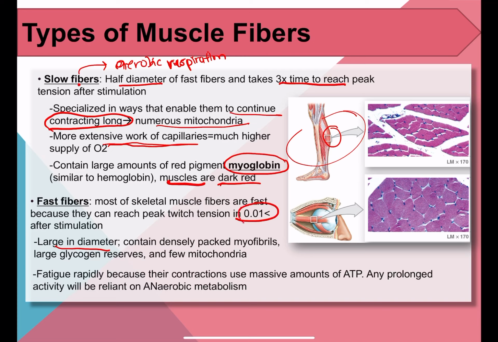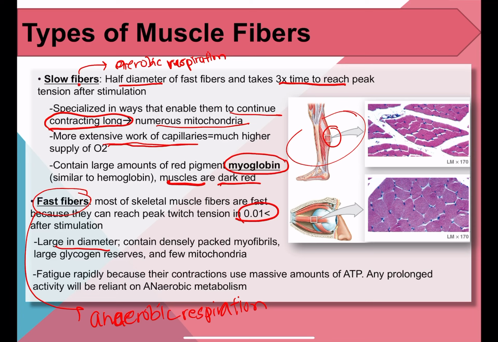So if the activity somehow becomes longer for these fast fibers, they will be more reliant on anaerobic respiration. They're not built for aerobic respiration. So fast fibers are for anaerobic respiration purposes, because they are not meant for that long haul of needing ATP consistently. They're for that fast movement.